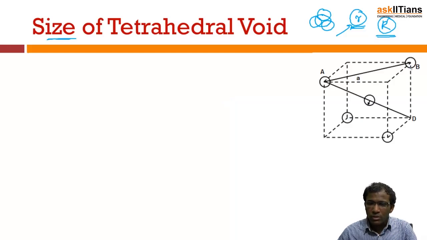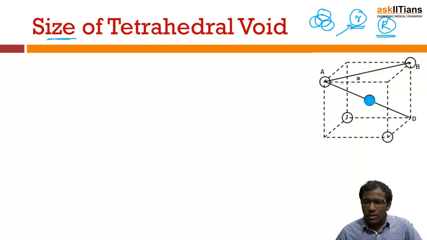These three spheres lie in one plane, and this sphere A is placed above these three spheres, and in between we have this one. So this is our tetrahedral void. Let us assume that the void is spherical, and we have to calculate the radius of this particular sphere. So how can we calculate that?